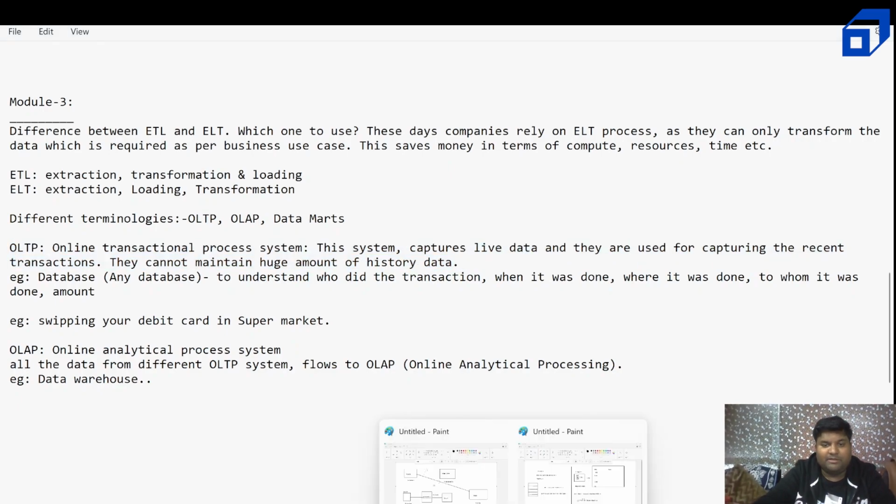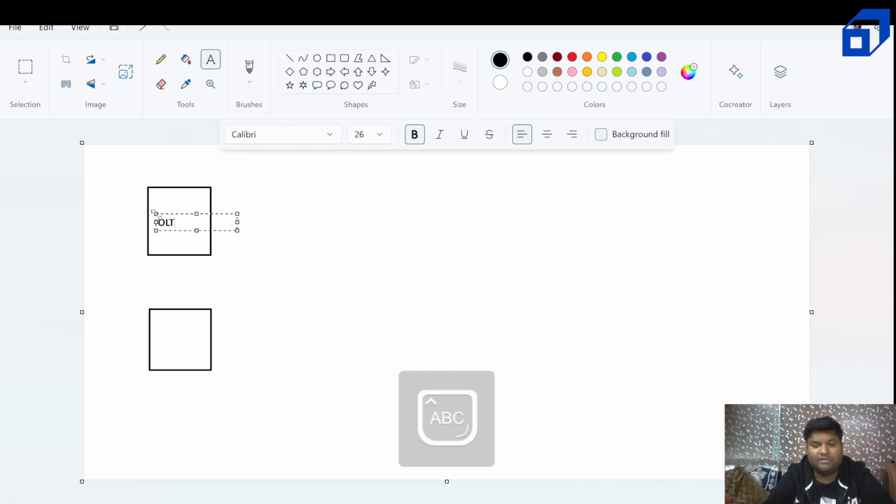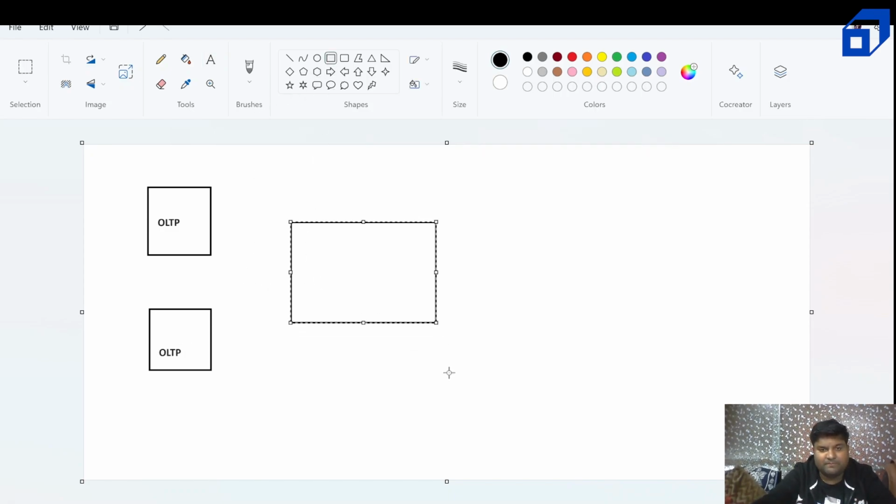In a pictorial format, I can showcase it like this: this is my OLTP system. There are different OLTP systems, let's say this is also one OLTP system, an online transactional processing system. OLTP is nothing but a database, right? And you have a data warehouse.